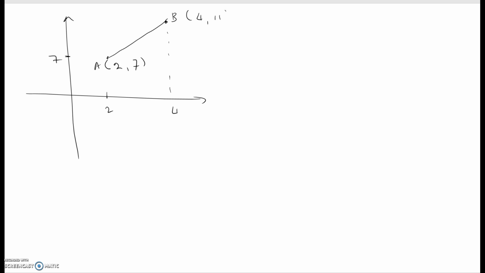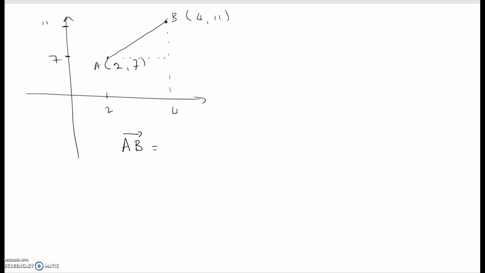So that's 7, and that's 11. Now, let's find AB. Well, let's look at it. So that's going to be the length across there and the length up there. So AB is going to be this little vector minus vector A.